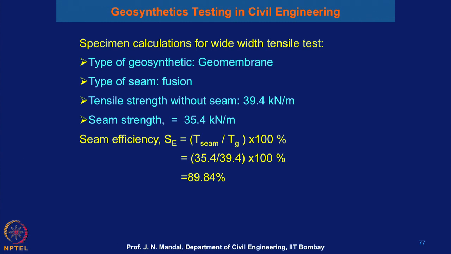So, this efficiency is 89.84 percent. One should understand what the seam strength of the geosynthetics is, because this is one of the weakest points of the geosynthetics material, and you have to consider that in the design. Otherwise, sometimes in infrastructure or any kind of design, there will be a possibility of failure of the geosynthetics material.